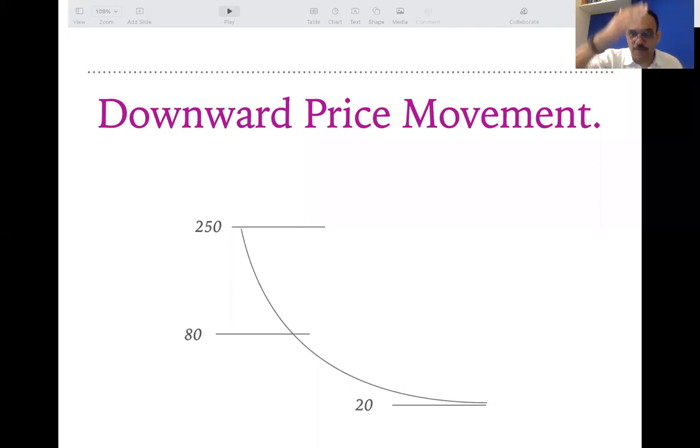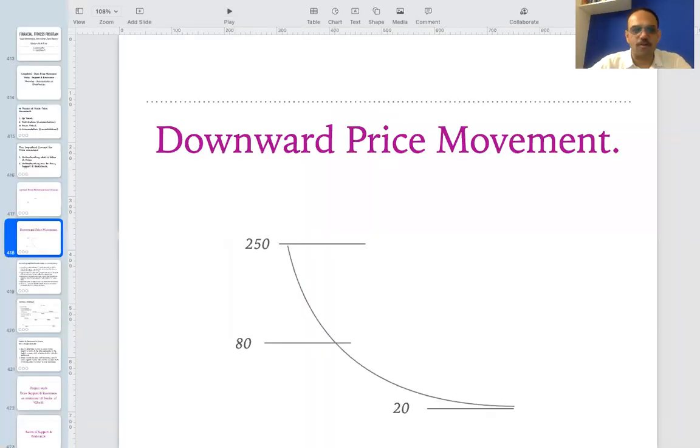If the tomatoes are falling from 250, 80, 20, all buyers will jump in, mothers will jump in, they'll make ketchup and all chutney, everything they'll make, if we are getting tomato for 20 rupees a kg. So the buyers' enthusiasm comes up. This is called the demand zone. You might have heard concepts like supply zone and demand zone.